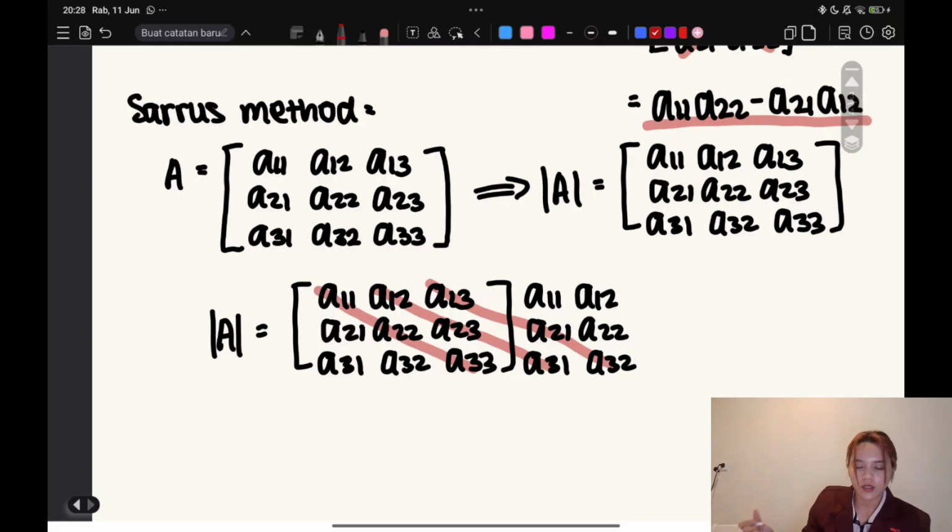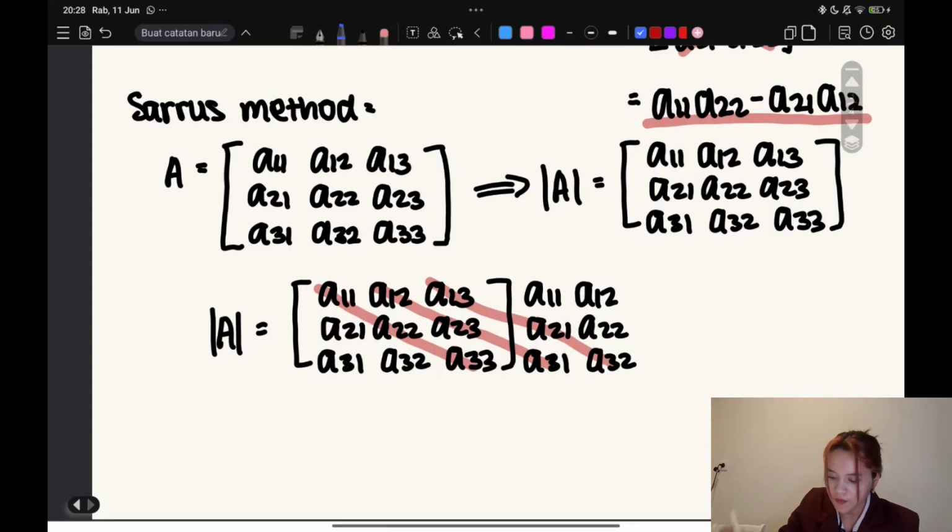Okay, this is for the step 1, and then for the step number 2 is like this.